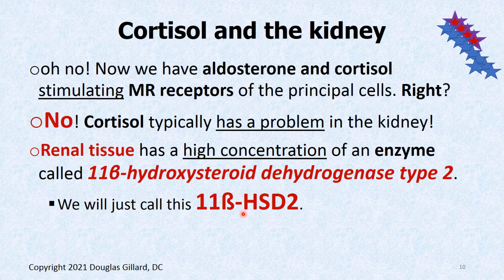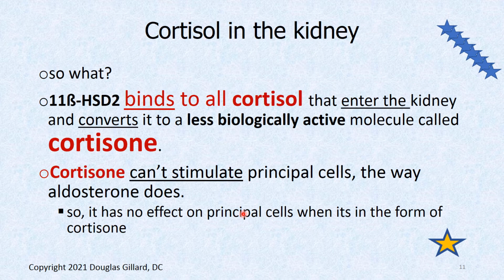It's really, really important. What does it do? Any cortisol that wanders into the kidney and gets near the principal cells, because it can bind to those MR receptors just like aldosterone can, gets grabbed by 11beta-HSD2 and converted into a similar molecule called cortisone.